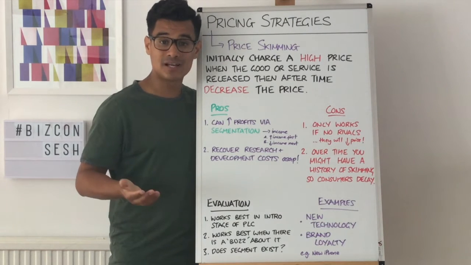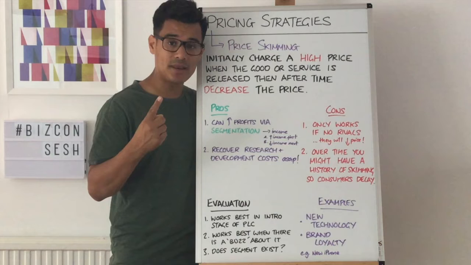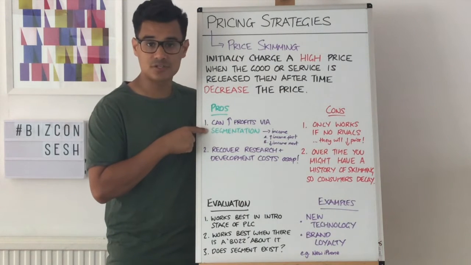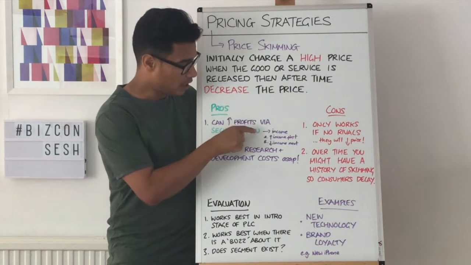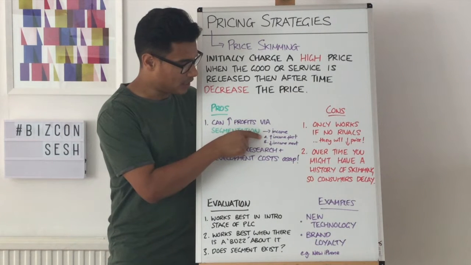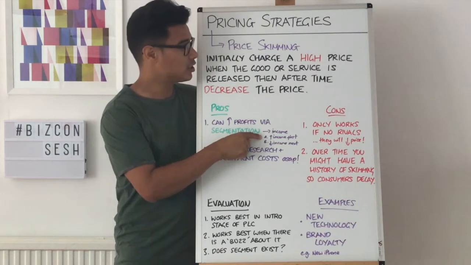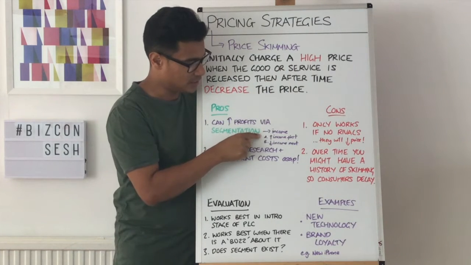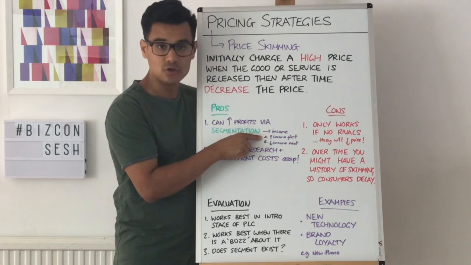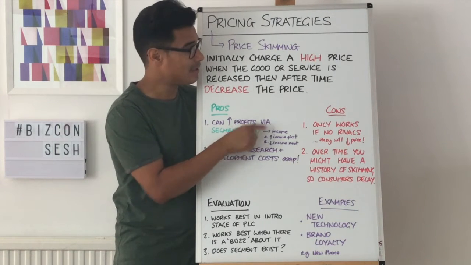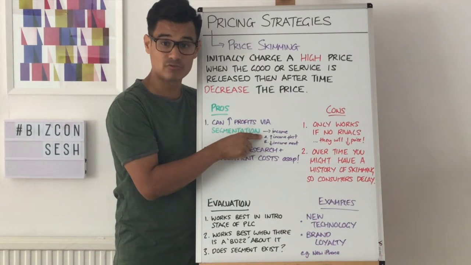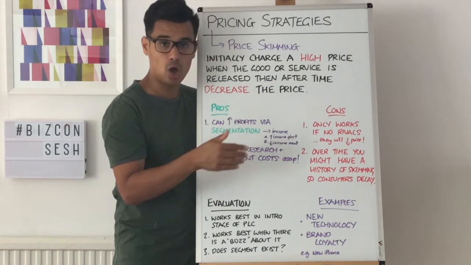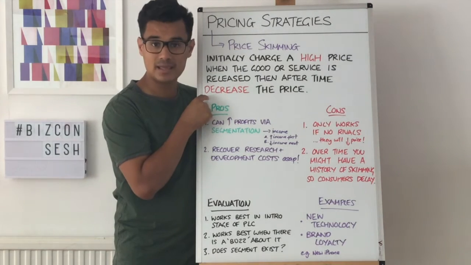So why do price skimming? There's two main reasons. Number one is you can increase your profits through segmentation. Segmentation, if you're confused with that, please check out my video. So you could segment the market by income, and then you could think we're going to charge a high price firstly for our iPhone, and then essentially those with high incomes will be able to pay that high price first, and then over time you will decrease your price, and those with lower incomes will then pay the lower price.